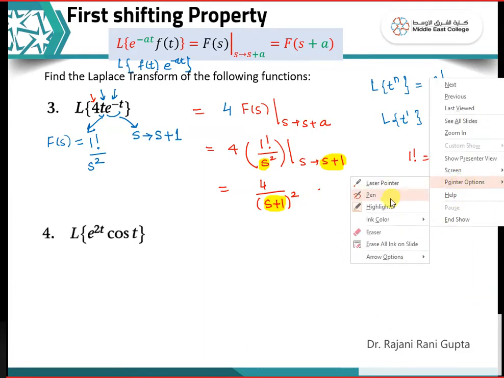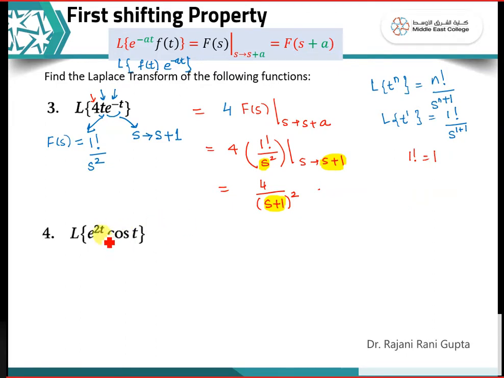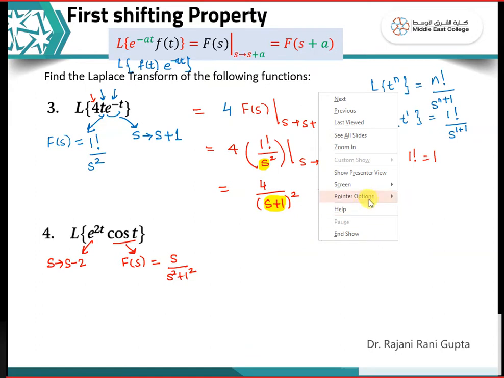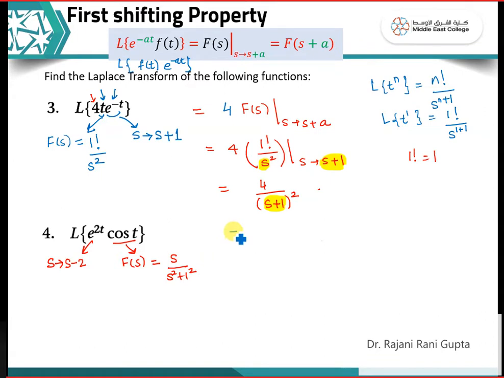In the same way we can answer this one. It's quite simple. e power 2t gives you s goes to s minus 2. This gives you f(s). What is it? s over s square plus 1 square. So when you substitute it in the formula, f(s), s goes to s plus a, what you will get?